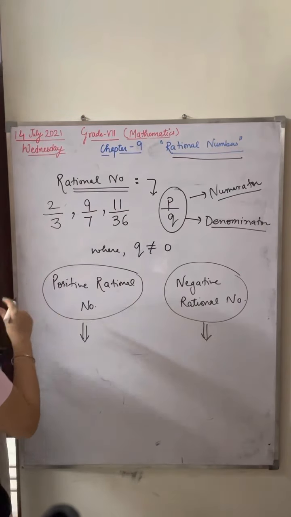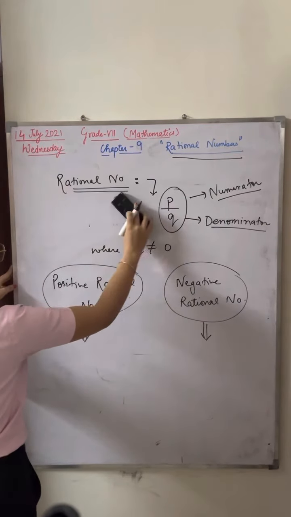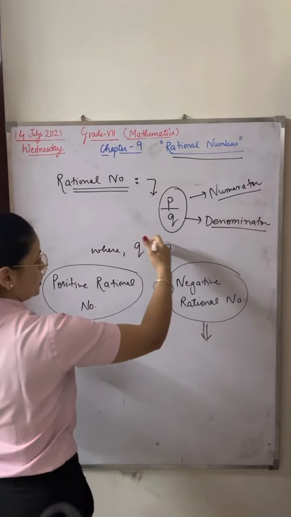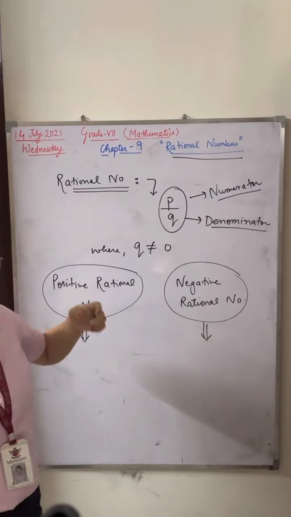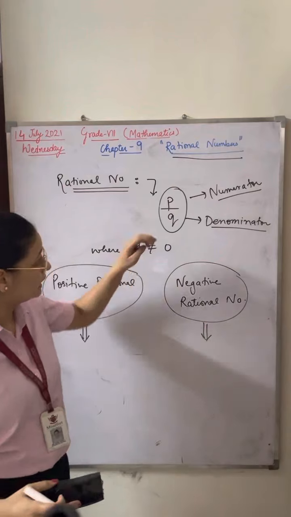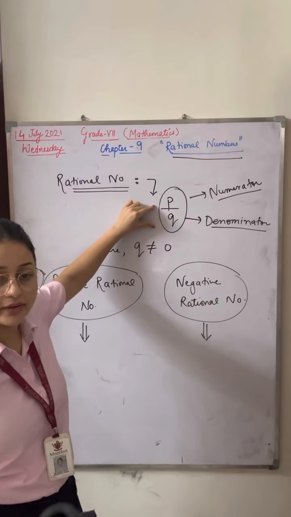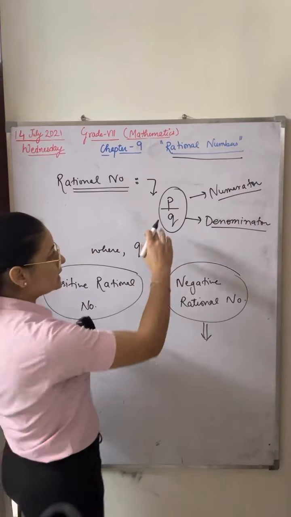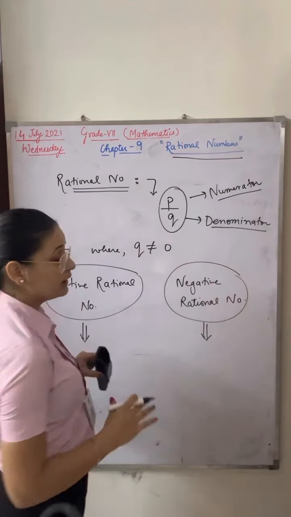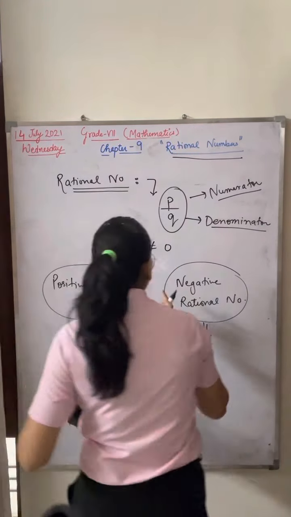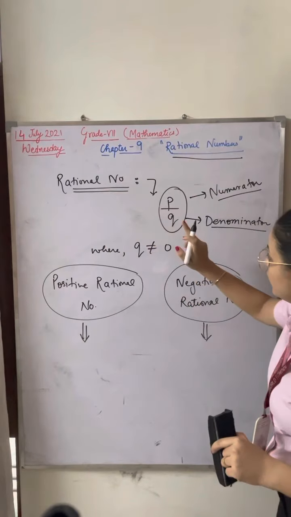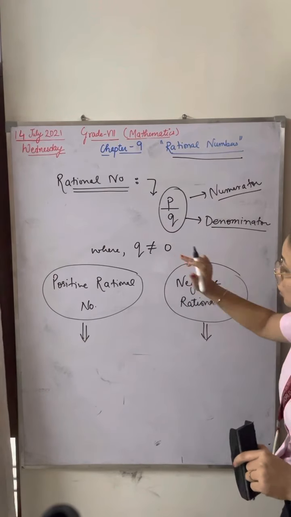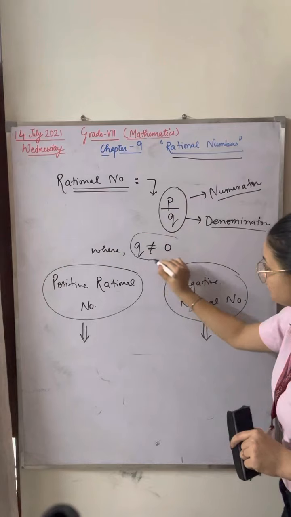Okay, so now these are examples of rational numbers, and this is the form of a rational number. If anyone asks you what a rational number is, you can say that these are the numbers which we write in the form of a fraction or P upon Q, where P is the numerator and Q is the denominator, and in the case of a rational number, the denominator Q will not be 0.